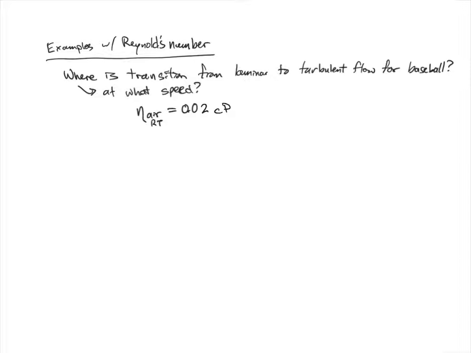And remember that a centipoise is 10 to the minus 3 Pascal seconds, so this would be 2 times 10 to the minus 5 Pascal seconds. The density of air is about 1.2 kilograms per cubic meter. That's a nice number to carry around in your head, that a cubic meter of air has a mass of a little over a kilogram.